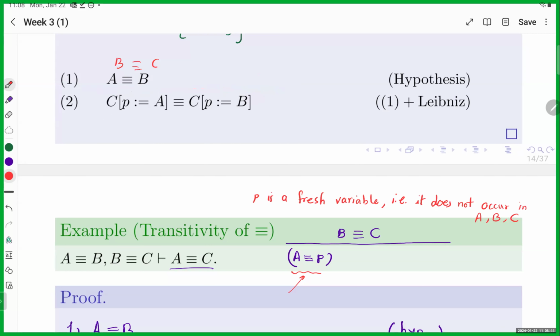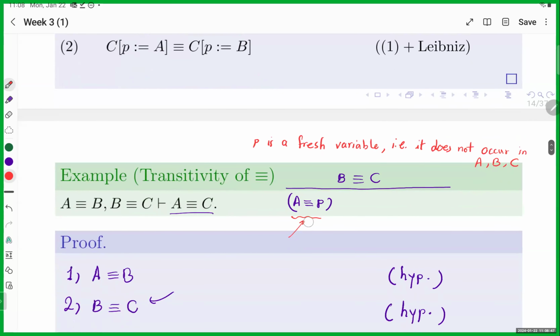But then what do I get? I know B is equivalent to C. So in any formula, I can plug in B or C instead of a variable, and Leibniz is going to give me equivalent formulas. Now I pick this formula. If I plug in B for P, it's equivalent to, when I plug into this formula, C for P. So this is equivalent to this.